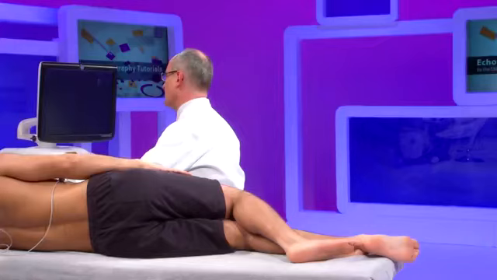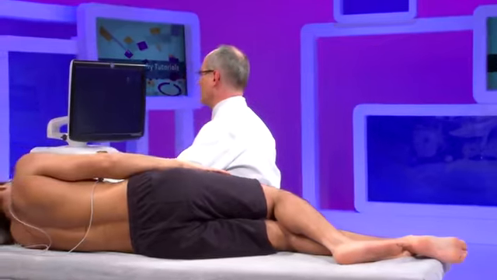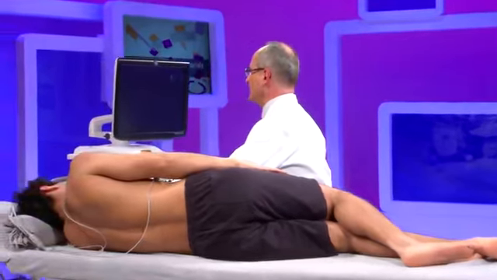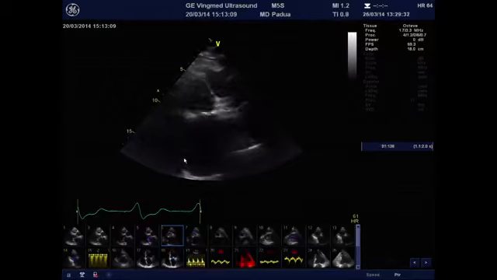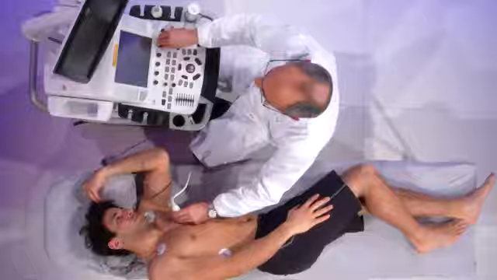Then I move my probe, rotating by 90 degrees, to start acquiring the short axis view. The first one is on the basal part of the heart, looking at the aorta, the aortic valve.